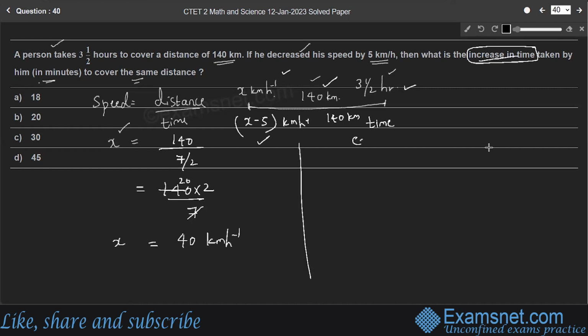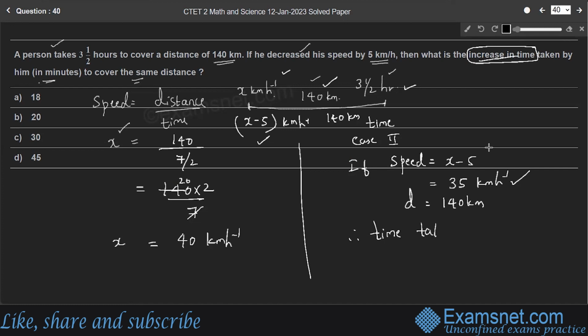So in the second case, the speed is X minus 5, which is 40 minus 5, which is 35 kilometers per hour. And the distance is the same, 140 kilometers. To cover the same distance with less speed, what is the time taken by him?